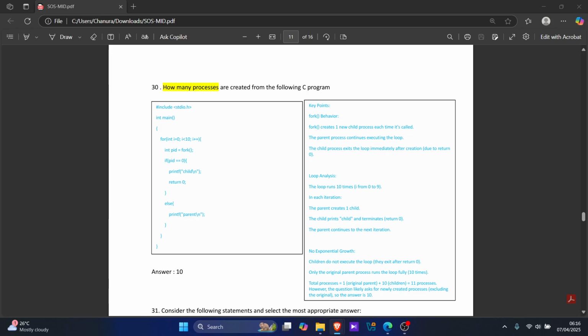The parent process prints parent and proceeds to the next iteration. No fork bomb: since children terminate after their first iteration, they do not spawn additional processes. Only the original parent process creates all 10 children. Total processes created equals 10.